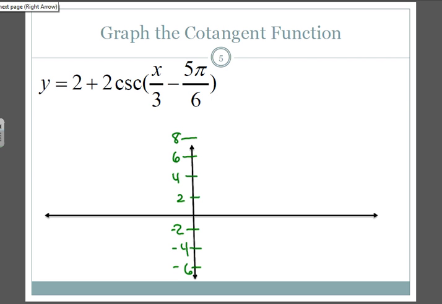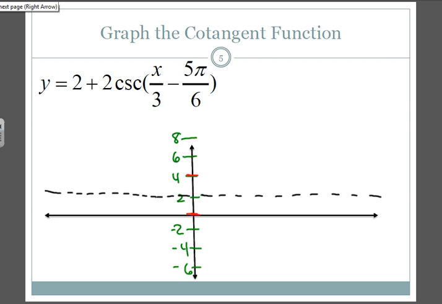Because it went up 2, my new fake x-axis is right here. Once you have that, you want to go ahead and mark your amplitude. So my amplitude was up 2, down 2. So I'm going to go up 2 to 4. That's my max. Down 2 to 0. That's my min.